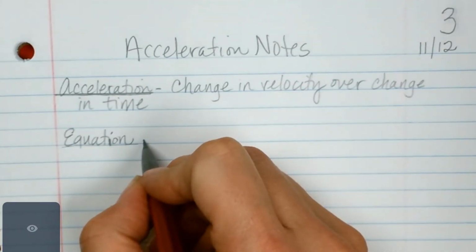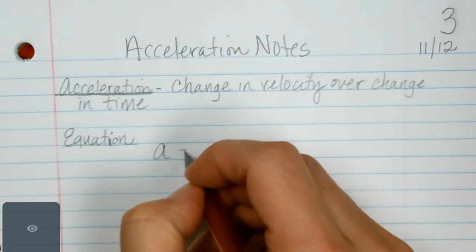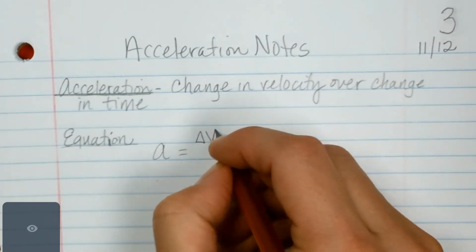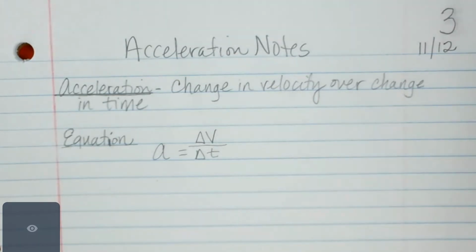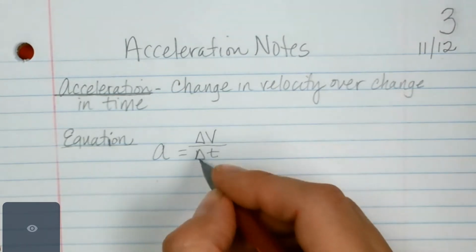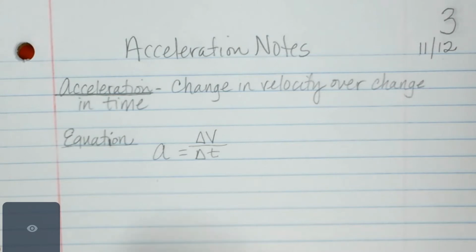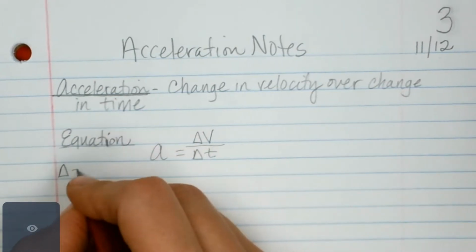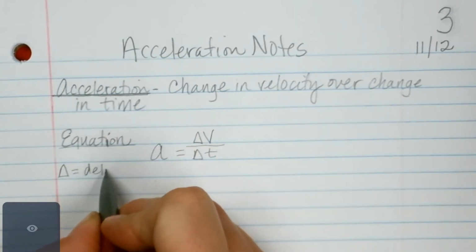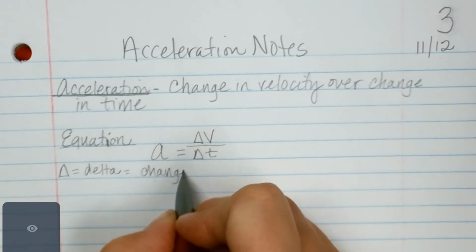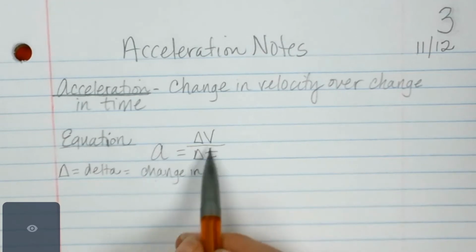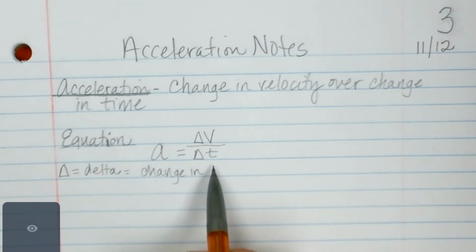So we're going to start with acceleration equals delta V over delta T. And remember, the delta, the triangle, means change in. So I'm going to put that here. Triangle equals delta, which equals change in. So the change in velocity over the change in time.